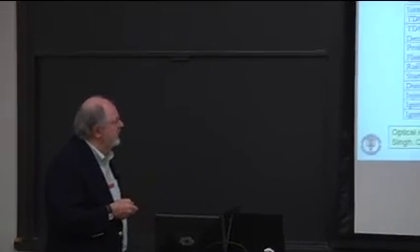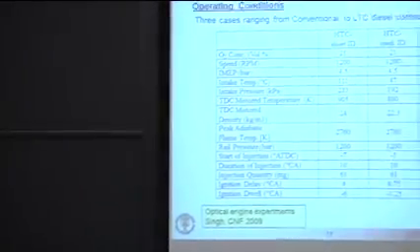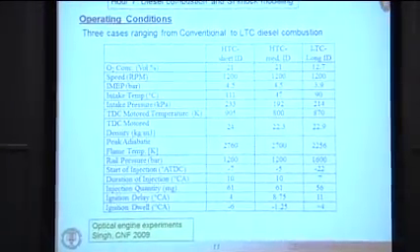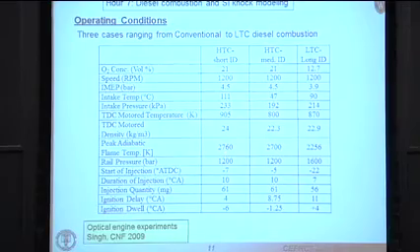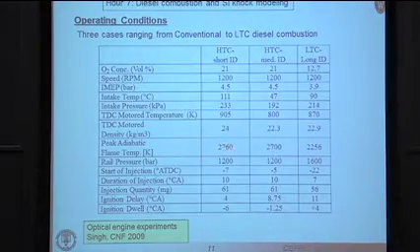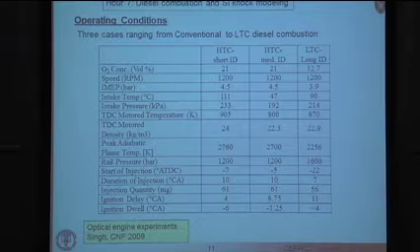And then finally, for the low temperature combustion, essentially you can see the oxygen concentration has been reduced significantly. That corresponds to about a 50% or 45% exhaust gas recirculation strategy. So because of all that diluent, the temperatures are going to be much lower. And you can see the predicted adiabatic flame temperature for these conditions would be 2,700 for these two cases, and only 2,200 for the low temperature combustion case.